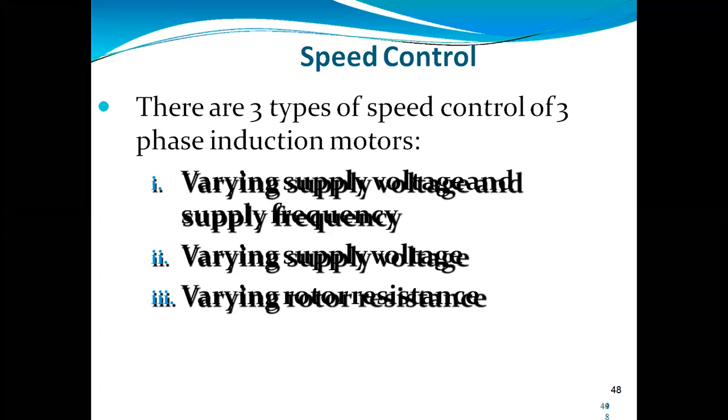Already we have seen the torque equation: T equal to constant K into slip S into R2 into E2 square, where R2 is the rotor resistance and E2 is the rotor voltage. So T equals K into S into R2 into E2 square upon R2 square plus S X2 square.